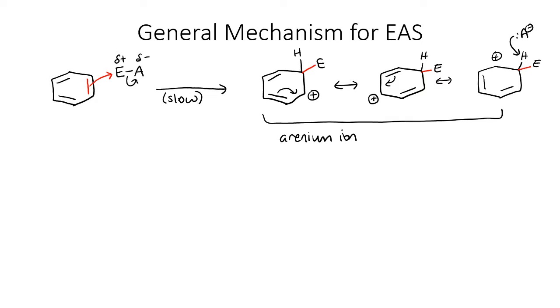Then those electrons are going to go in the direction of the positive charge to restore that third pi electron. And now we have restored the aromaticity of the compound that has now included the electrophile as a substituent. Now this last step of the mechanism is extremely fast, and that's because we are restoring the aromaticity of the compound.